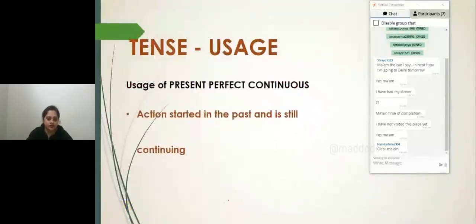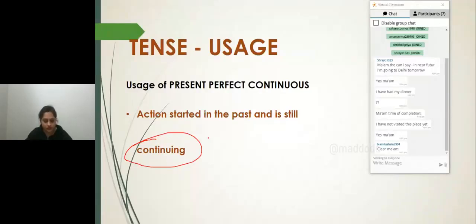Present perfect continuous, when do we use this? Obviously continuous means the action has to continue, still continuing. But again, it started in the past because perfect means completed, or past context is there. Past context is there, a little bit completed.